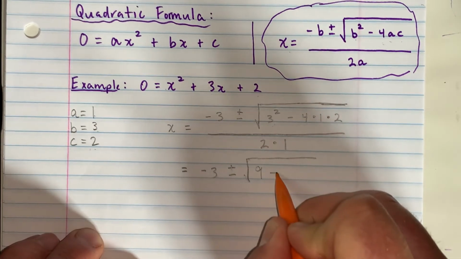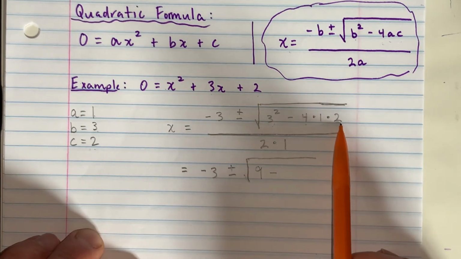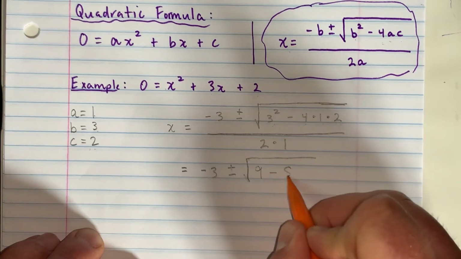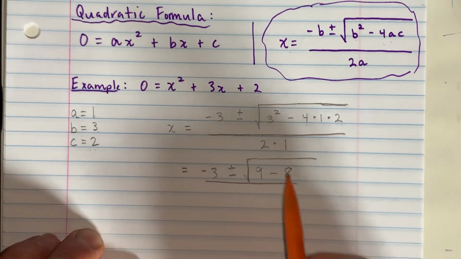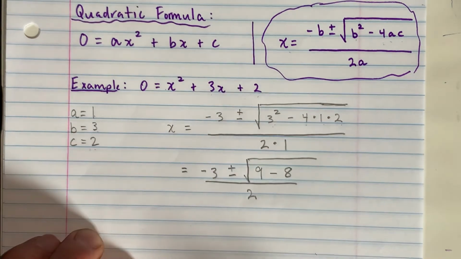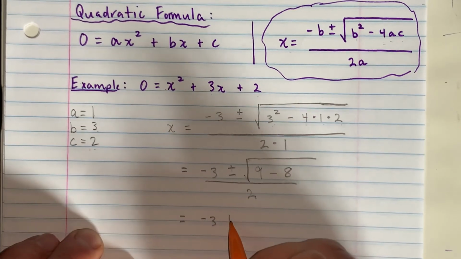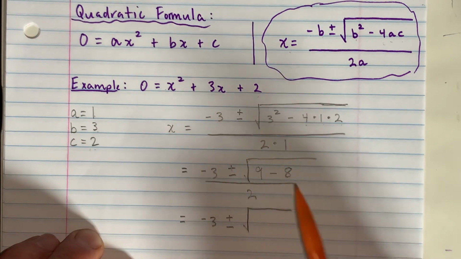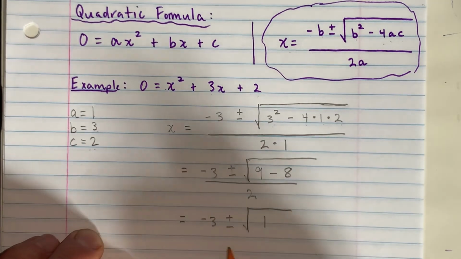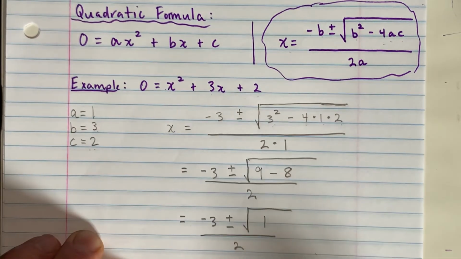So I'm just going to put the subtraction. We've got 4 multiplied by 1 multiplied by 2, which would just be 8. So that cleans up okay. Then 2 multiplied by 1 is just 2. All right, keep going. Nine minus 8, simple enough, it's just 1. Square root of 1 is just going to be 1.